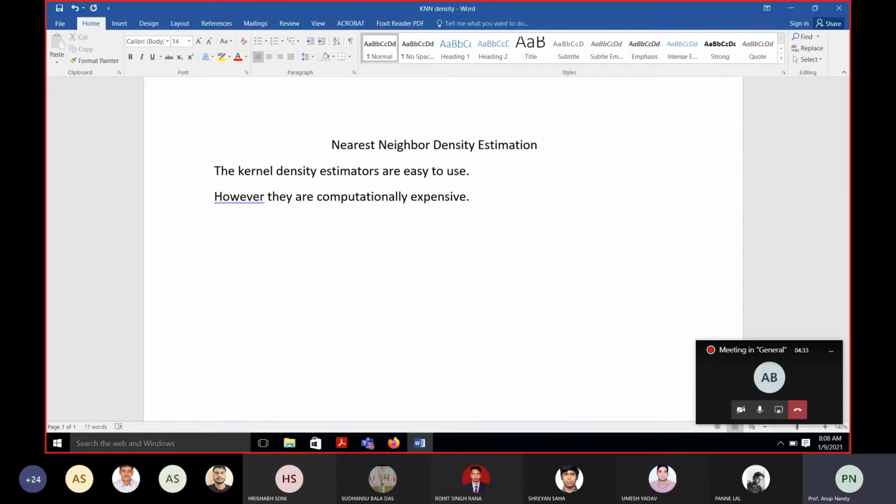Suppose you have a training data set xi, i equal to 1 to n1, in the d dimensional space. For the n1 data, kernel density estimation can be treated as a mixture density.